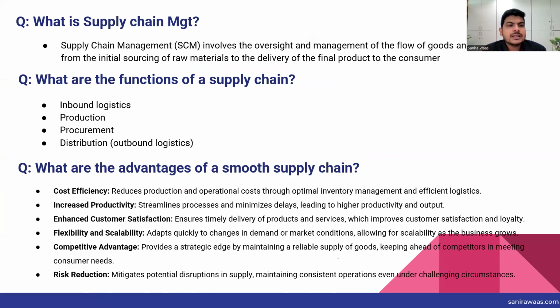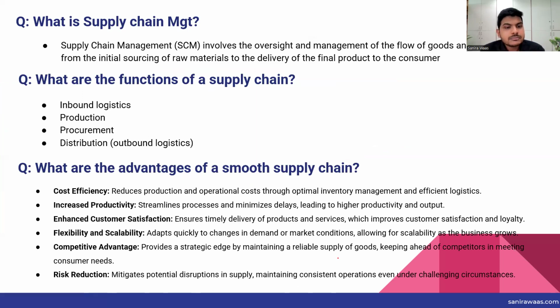Okay, then we are coming into supply chain management. As I mentioned, this is the first part of the chain: inbound logistics, production and procurement, and the outbound logistics. That logistics perspective is understood as supply chain management.